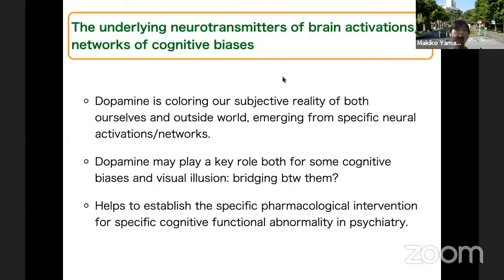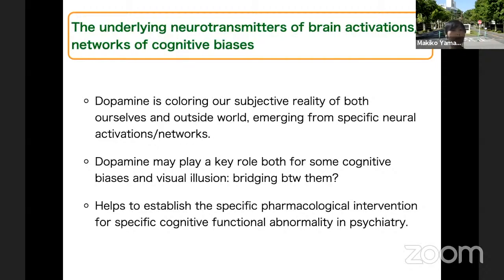So I have shown the underlying neurotransmitters of brain activation networks of cognitive biases using PET, which is usually difficult to access for cognitive neuroscience. And we found that dopamine is coloring our subjective reality, not just of ourselves, but also of the outside world, which emerges from specific neural activation networks revealed by fMRI.